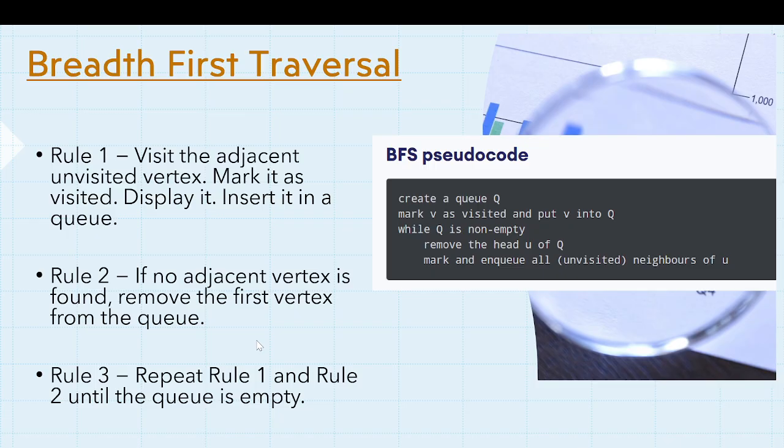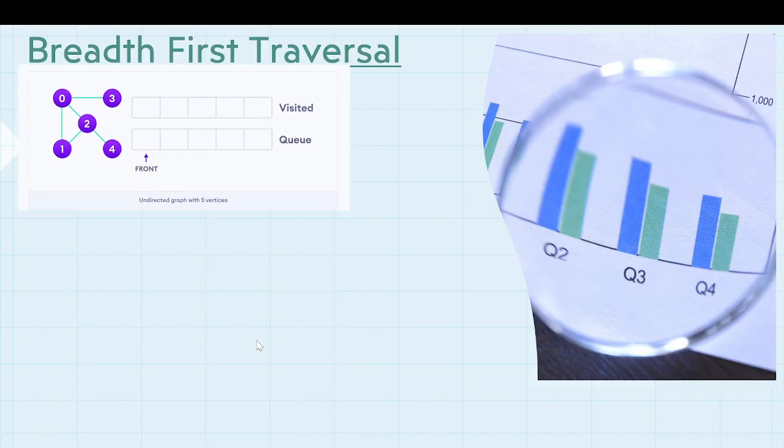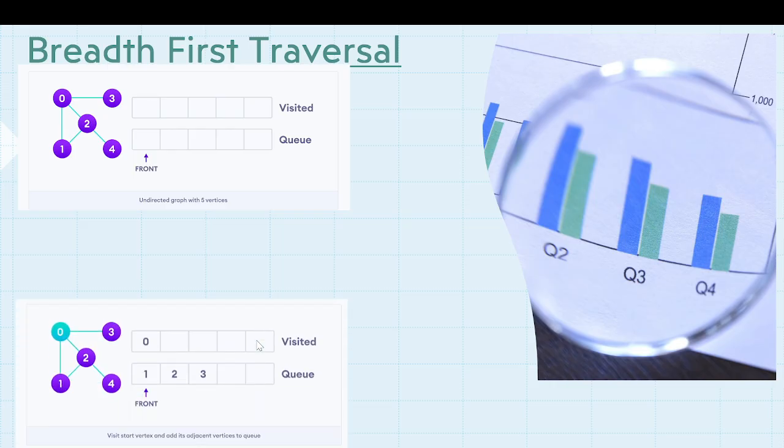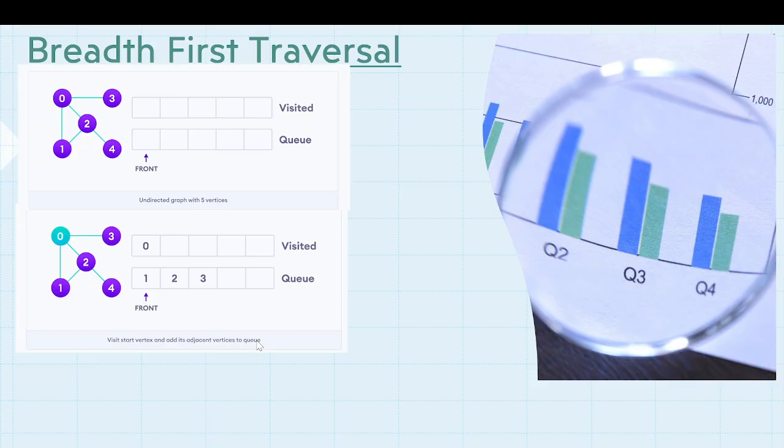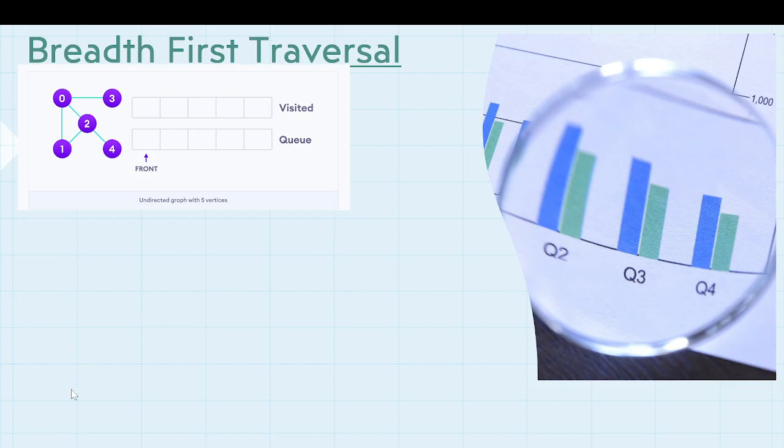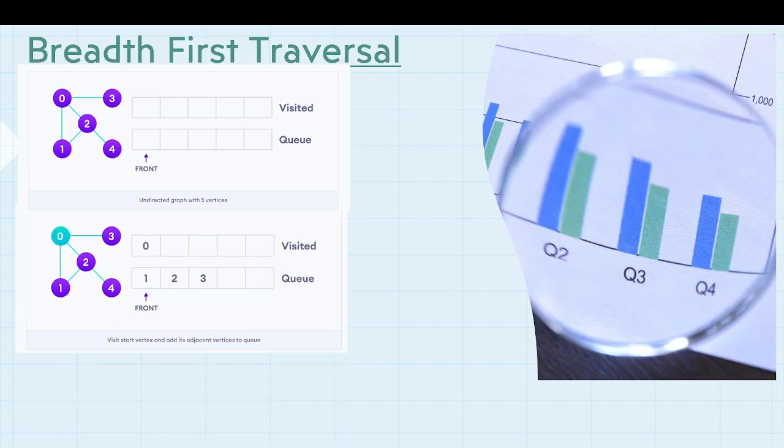Now let's understand this with the help of a program. So here is a graph with 5 vertices. So we have visited and then we have the queue. We visit the start vertex and add all the adjacent vertices to the queue.